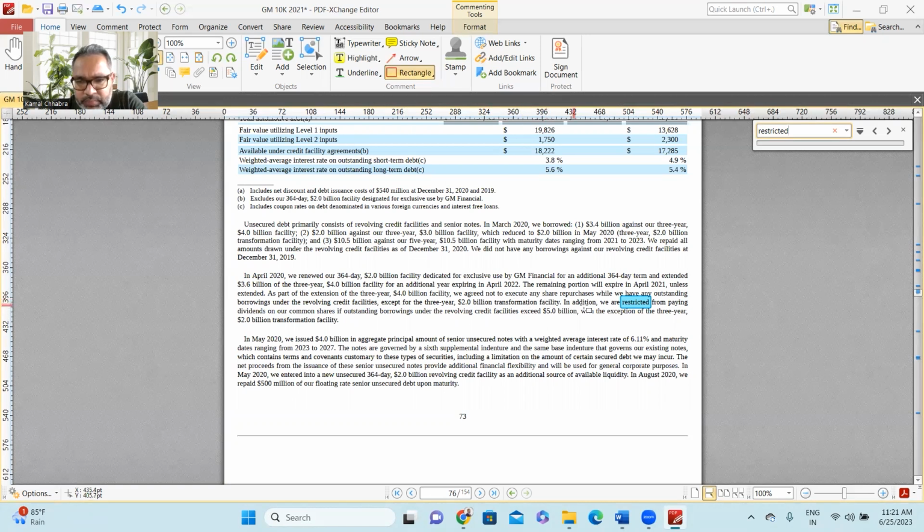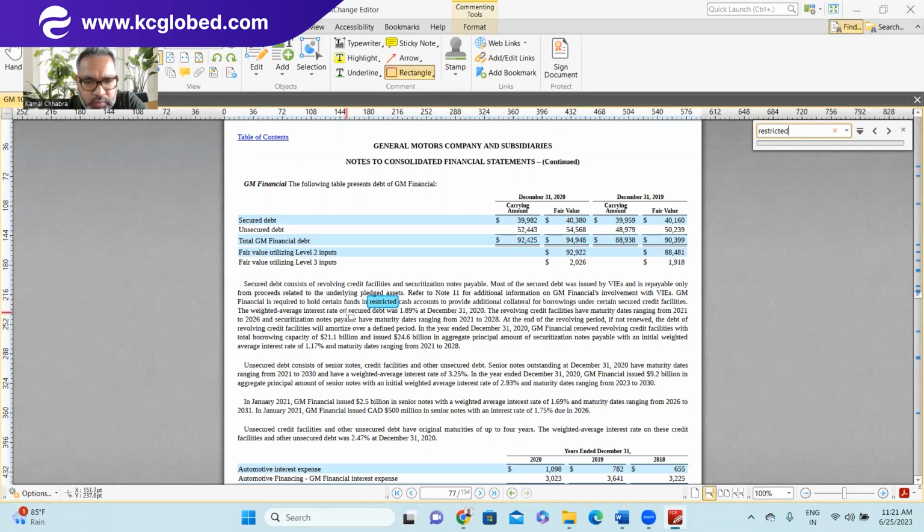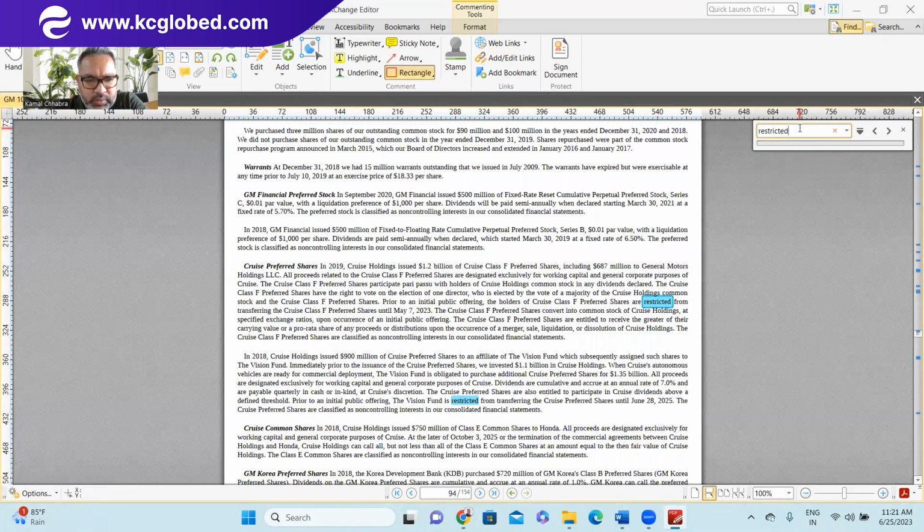In addition, we are restricted from the dividend. This is something else. So restricted cash to provide additional collateral for borrowing for the facility, weighted average interest. So this restricted cash is basically a deposit.